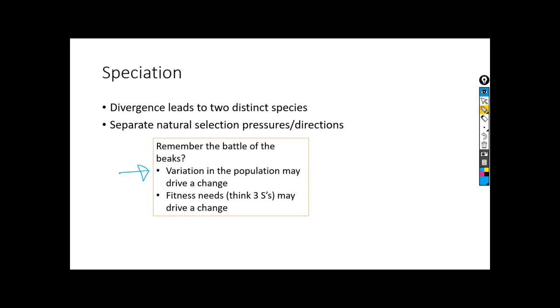So it can be anything under those three S's. So variation is what starts the change. What we just talked about with evolution is only what starts our separation. We have some darker green ones and some lighter green ones. This is what's going to start our separation.